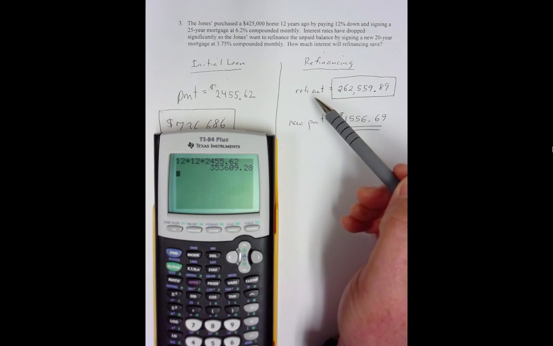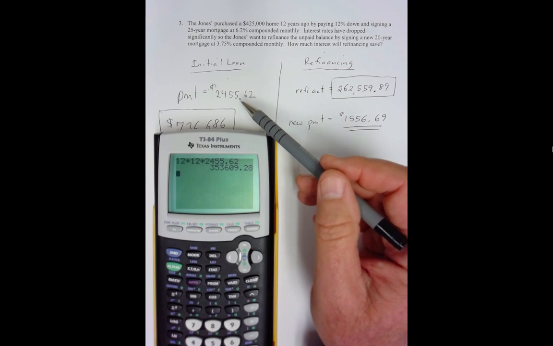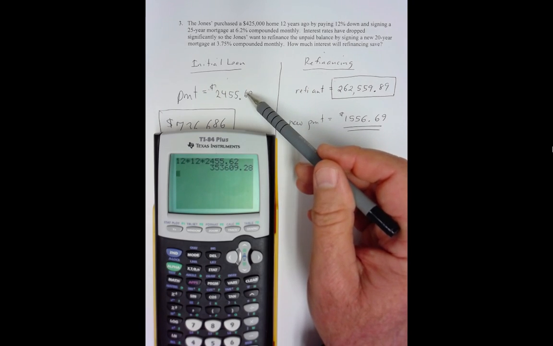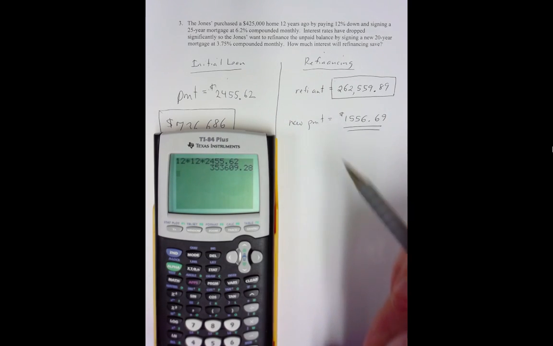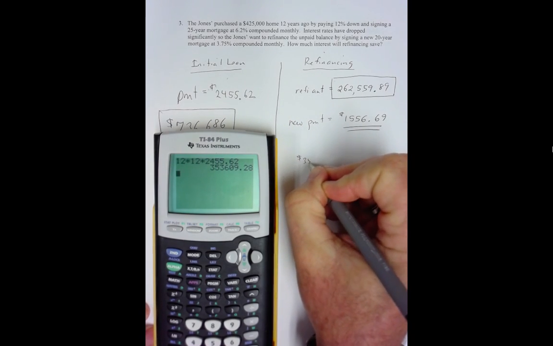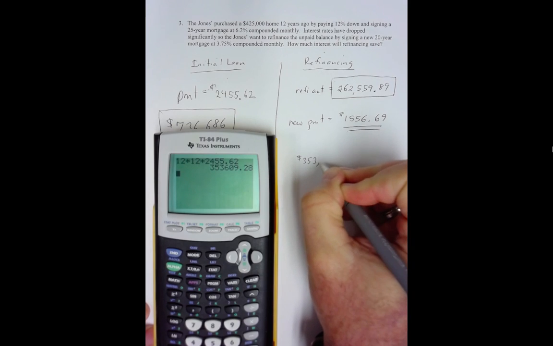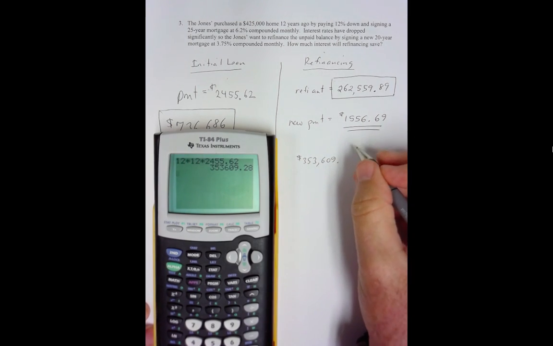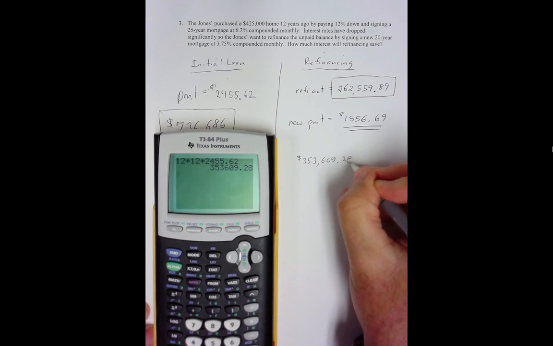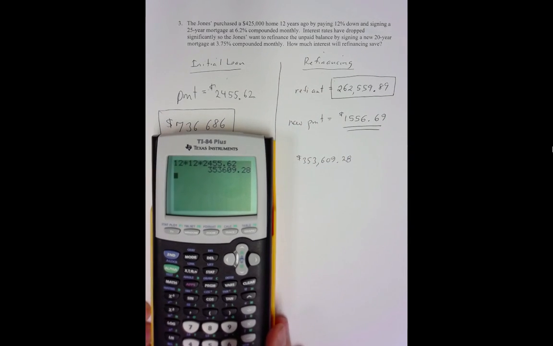Now we're actually looking at reality. This is just our baseline. What would have happened if we stuck with this loan? What happens if we refinance? Well, they paid this amount, $353,609.28, for the first 12 years.